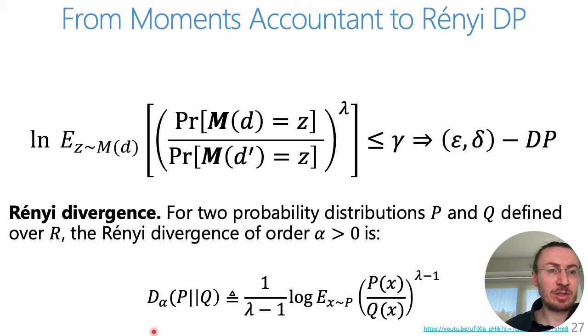This is the standard definition of Renyi divergence, where we have the factor 1 over lambda minus 1 multiplied by the logarithm of the expectation. We draw x from the probability distribution P, and we have the ratio of probabilities p of x over q of x to the power of lambda minus 1. The point here is that this expression for the Renyi divergence closely resembles the privacy random variable that was defined for the moments accountant.